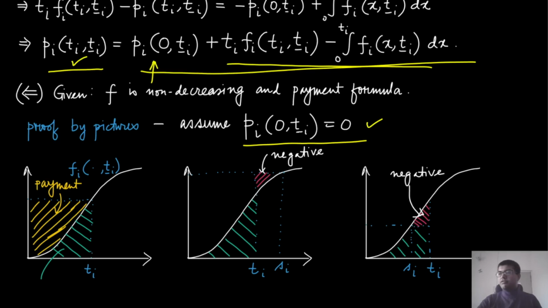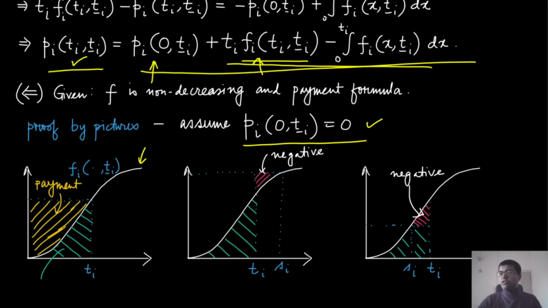Let us assume that this curve is a monotone, non-decreasing curve, given by fi of ti. So in all these cases we are fixing this t minus i, and the x-axis of these plots denotes the type of player i.